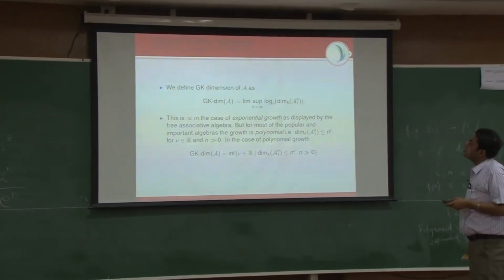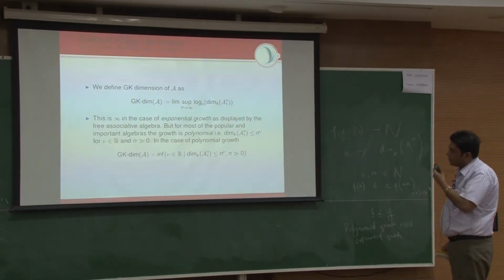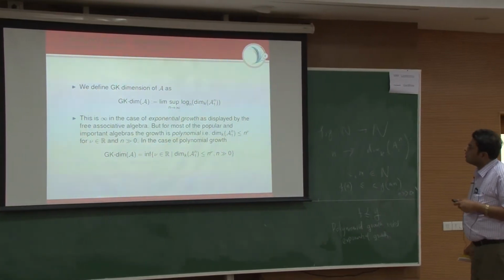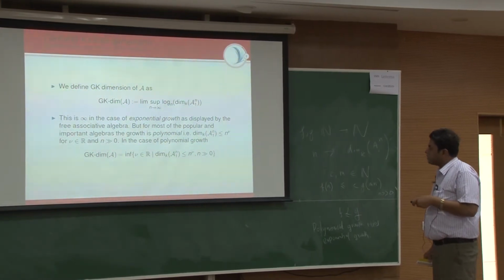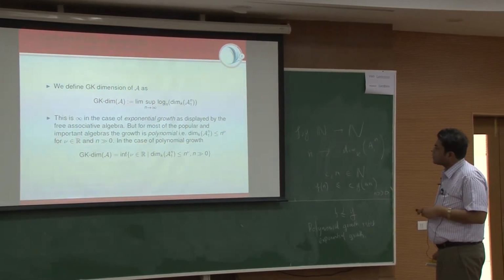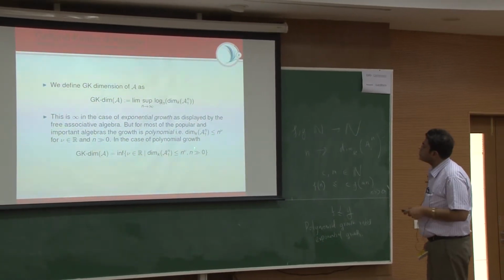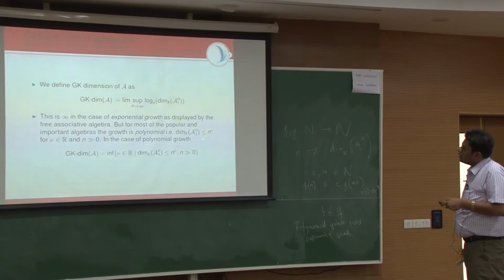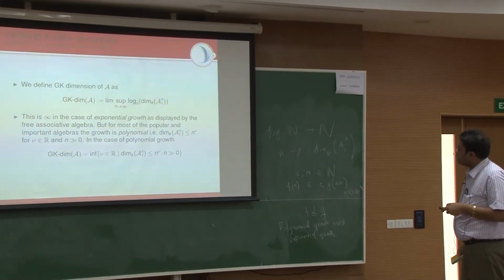As you would expect, the free associative algebra, the affine free associative algebra on n generators, has exponential growth. Polynomial growth is defined as follows.